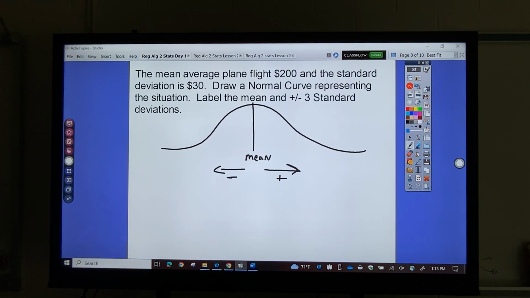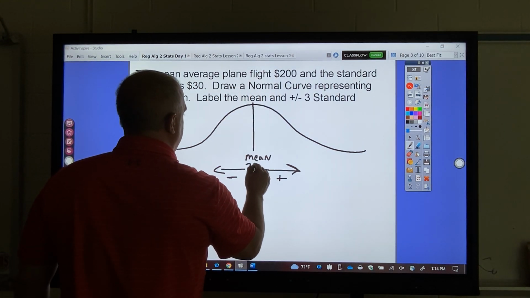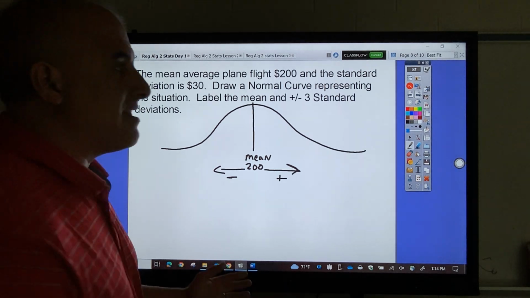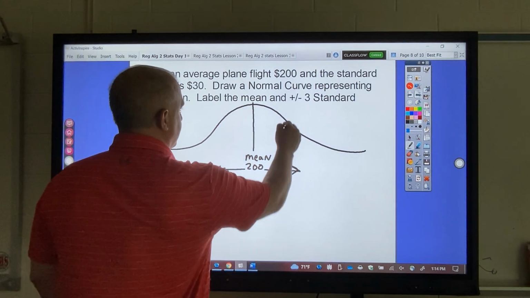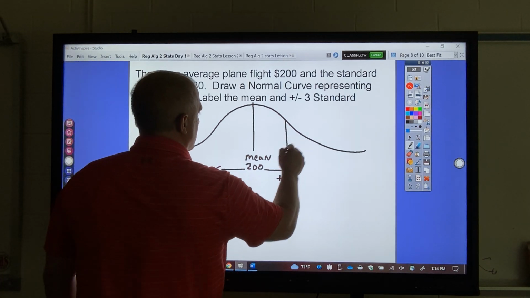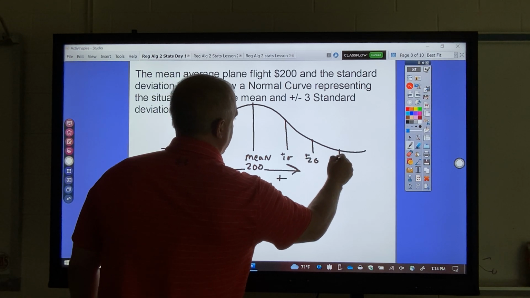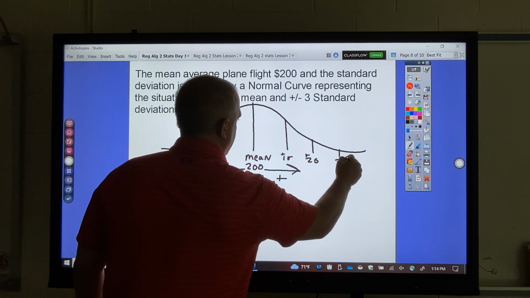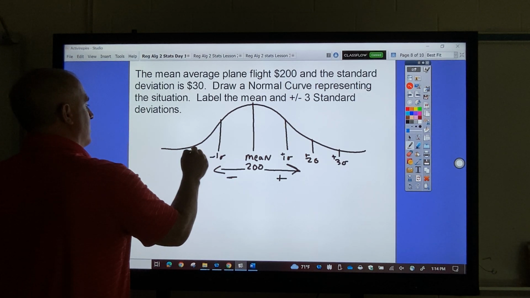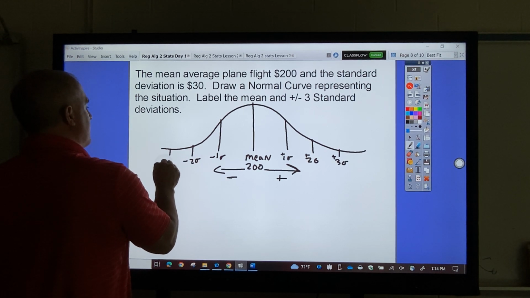Now here is the concept. I've got a mean of 200. Standard deviation, we talked about that, involves consistency. So when it says plus and minus standard deviation, we're going to do 1 positive, 2 positive, 3 positive. And then going the other way, it's negative 1, negative 2 standard deviations and negative 3 standard deviations.